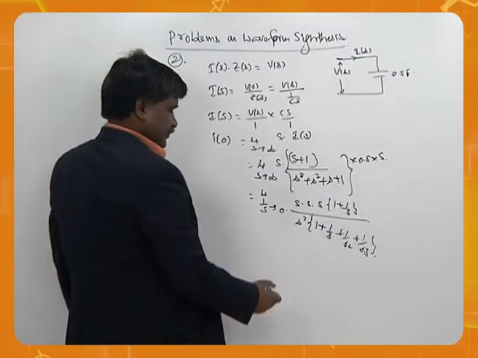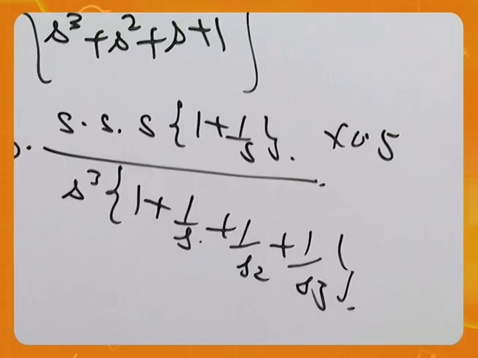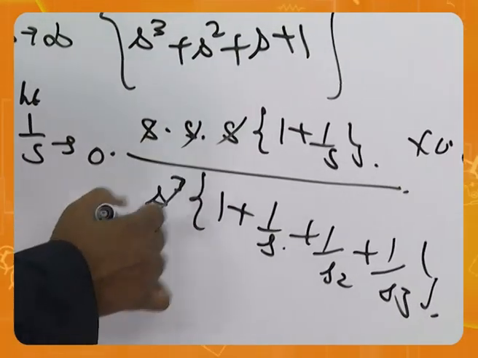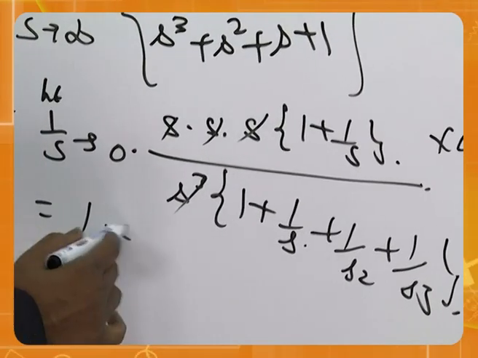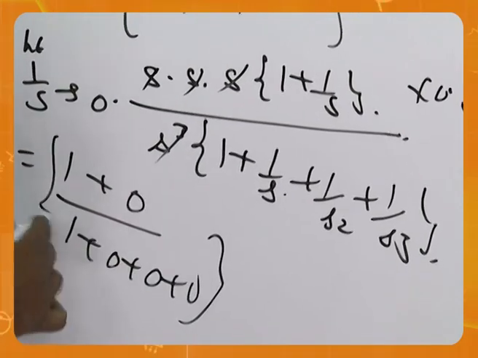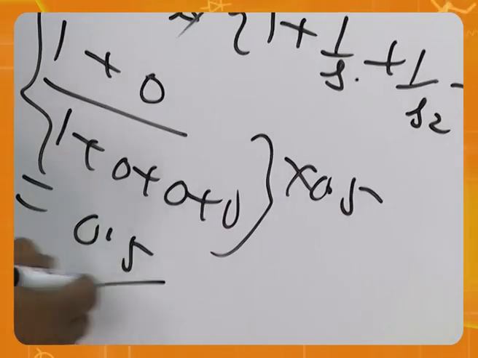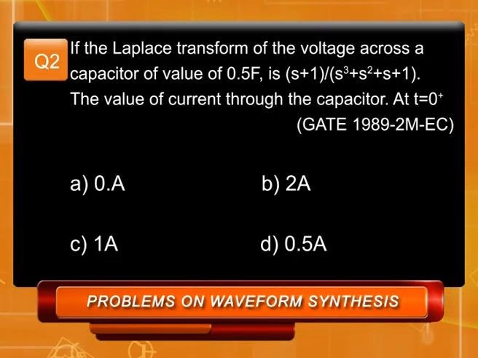Now what will happen? The s could cancel, giving 1 plus 0 by 1 plus 0 plus 0 plus 0, into 0.5. So the answer is 0.5. That's the answer.